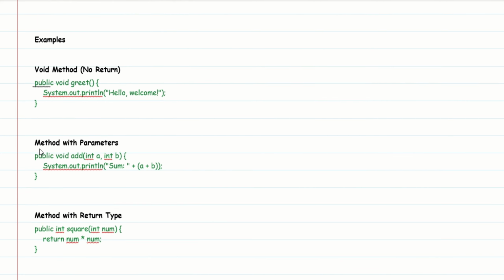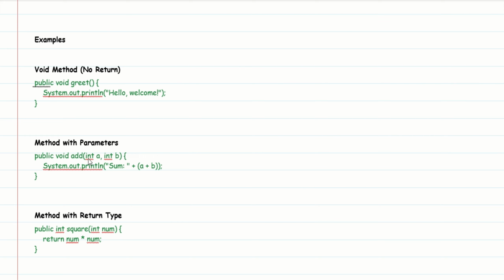Then the next will be a method with parameters. In the previous case, we didn't have anything, we just printed the message. Here, it takes something. So if you want to do some mathematical operation or anything, you can have a method named add. We have parameters here, and both the parameters are int data type.